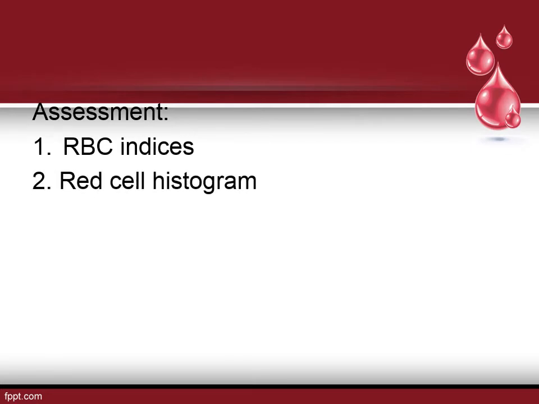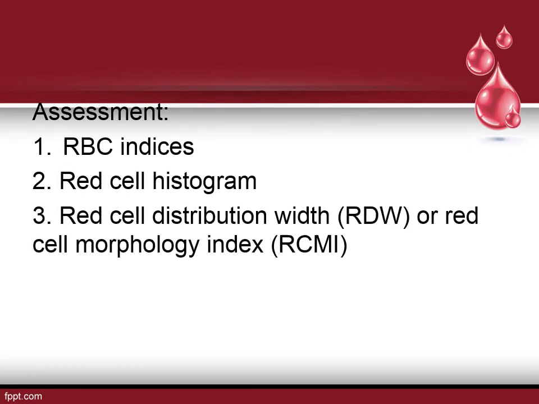In addition to direct measurement of hemoglobin, packed cell volume, and erythrocyte count, a variety of other measurements or calculations can yield additional information. This assessment includes the RBC indices, the red cell histogram, and the red cell distribution width (RDW) or red cell morphology index (RCMI).